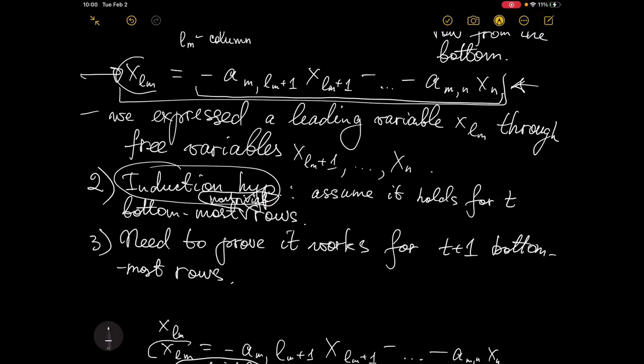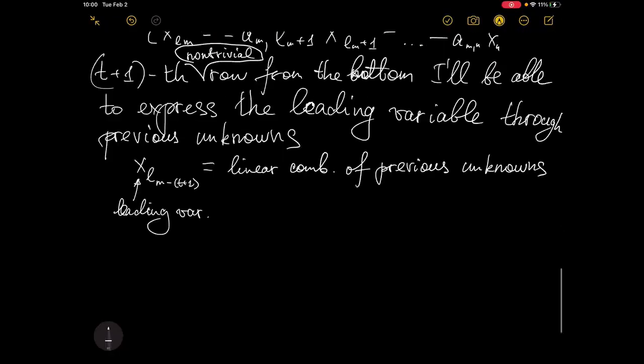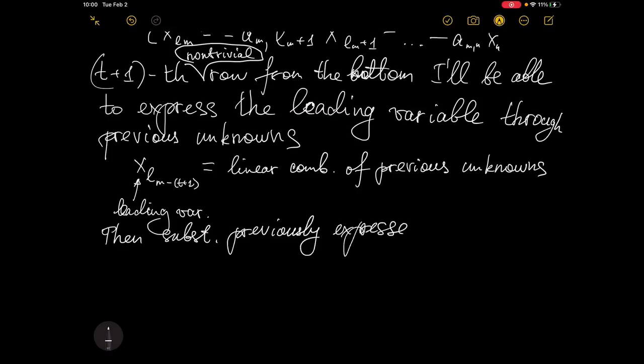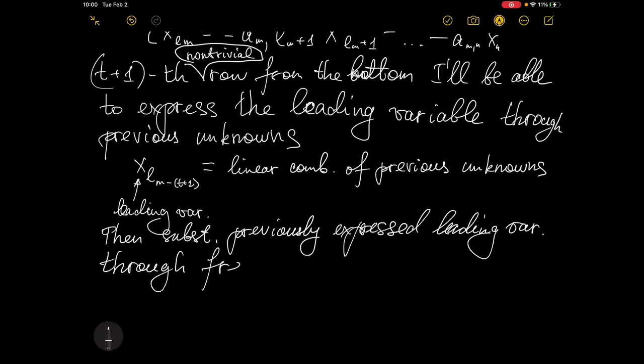Then I will just substitute previously expressed leading variables through free variables, right?